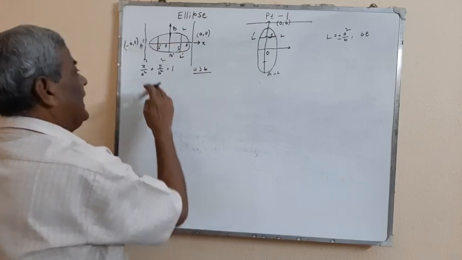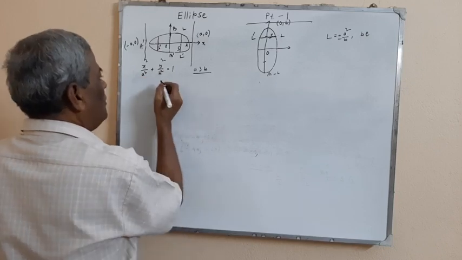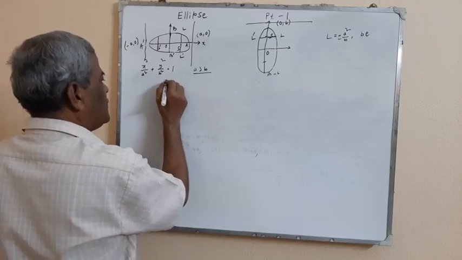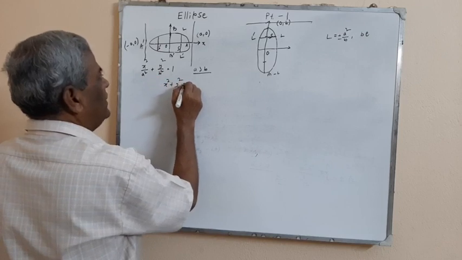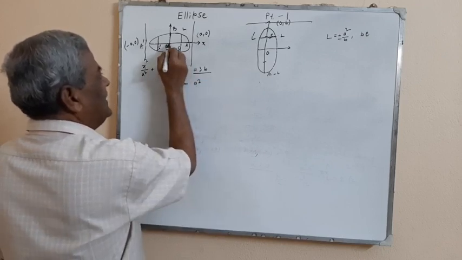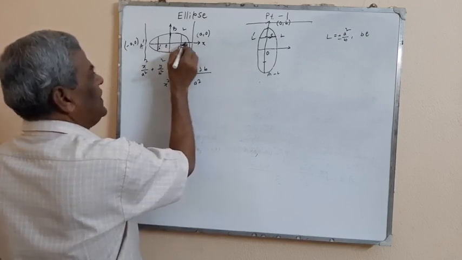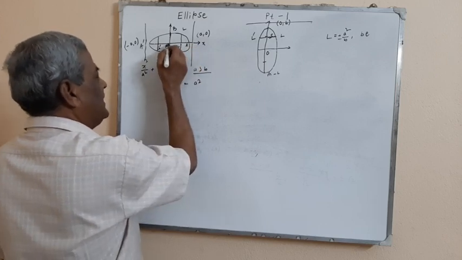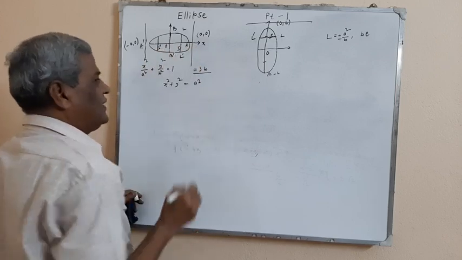For this case, the equation of the auxiliary circle is x square plus y square is equal to a square. The center is 0, 0 and the radius is a.